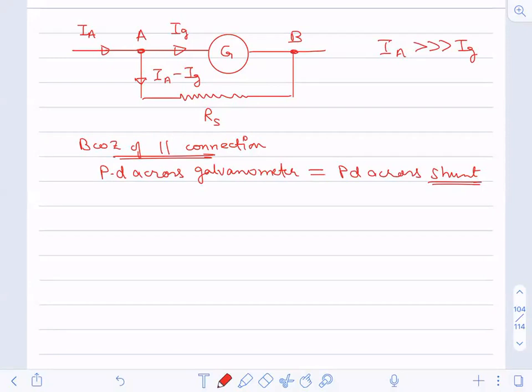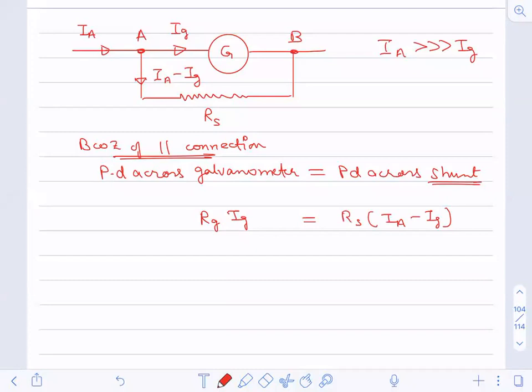Now the potential difference across the galvanometer, what you will write, it should be Rg into Ig is equal to the potential difference across the shunt, what you will write, Rs into (Ia minus Ig). This is what you will write.